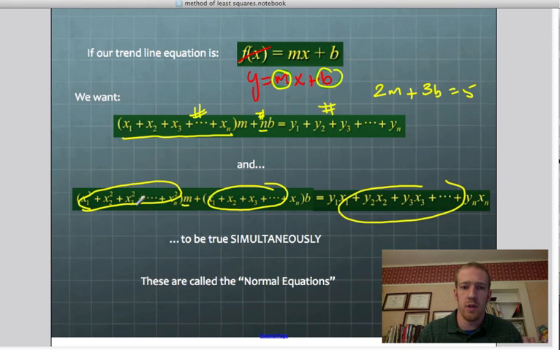These will all be numbers, for example 1m plus 3b equals 10. Now we have a system of equations that we will solve. When we solve it, we have our m and our b, and then we can just plug those into our function y equals mx plus b.